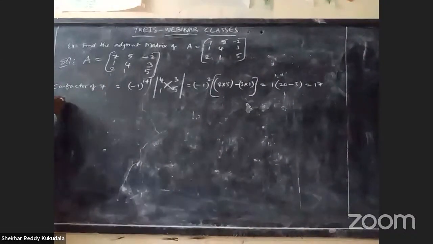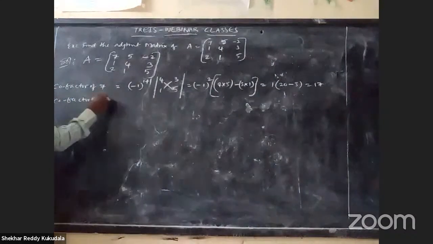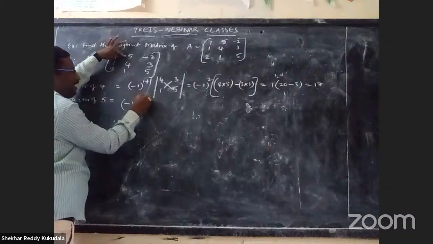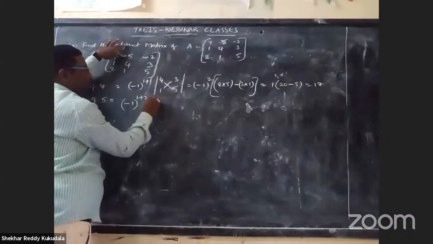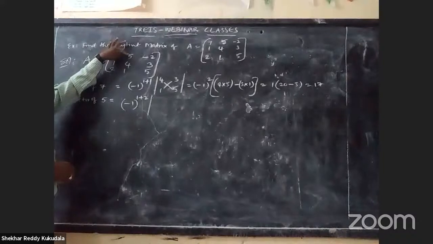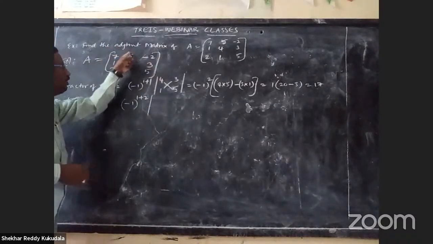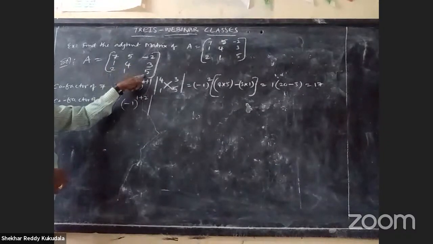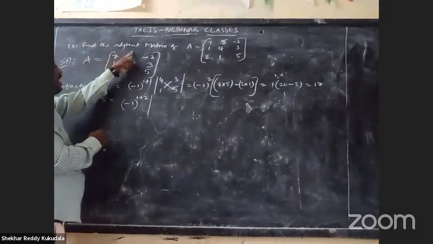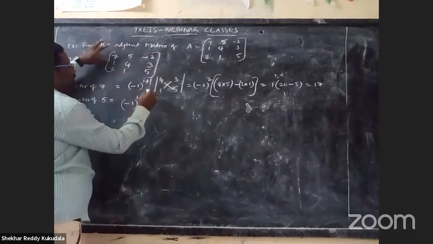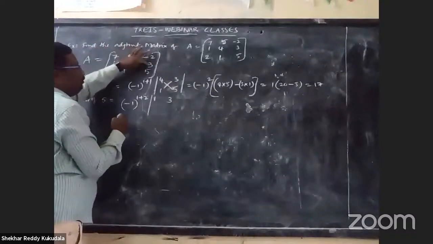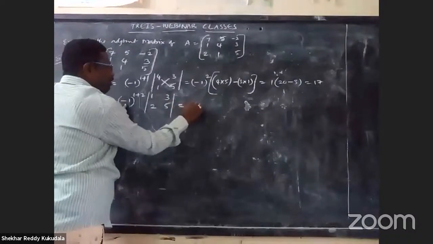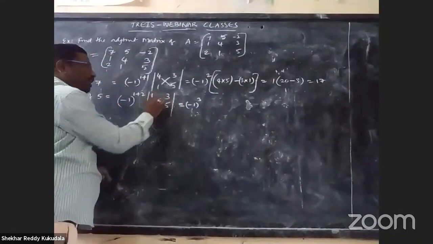Same way, cofactor of 5 is equal to minus 1 power, 5 is in first column but in second row. So now, what will be its minor? Ignore this row, ignore this column. The leftover 4 elements form a 2 by 2 matrix. Its determinant we need to find out. 5, this column and this row if you ignore, so the rest of the 2 by 2 square matrix is 1, 3, 2, 5, which is equal to minus 1 whole cube AD minus BC.